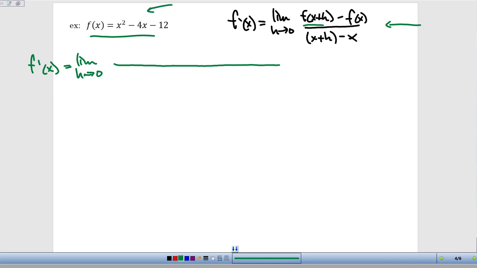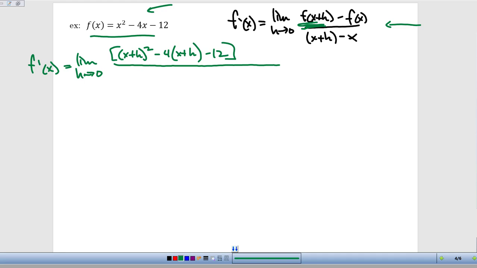So that means in this function right here, everywhere where I see an x, I need to replace it with x plus h. So I'm going to have x plus h squared minus 4 times x plus h, and then minus 12. So that there is my f of x plus h.